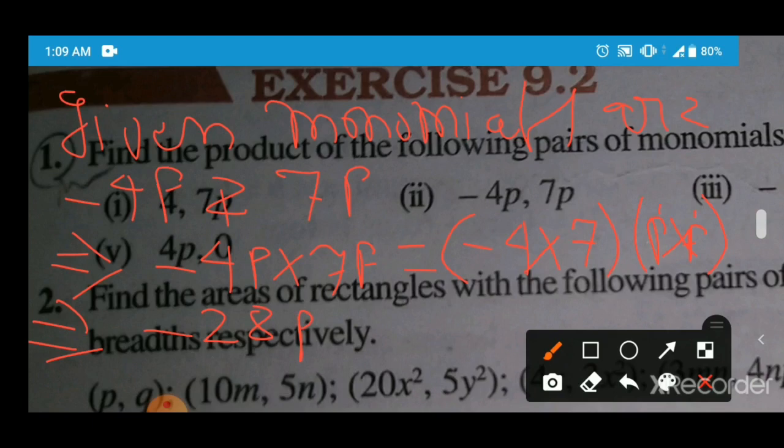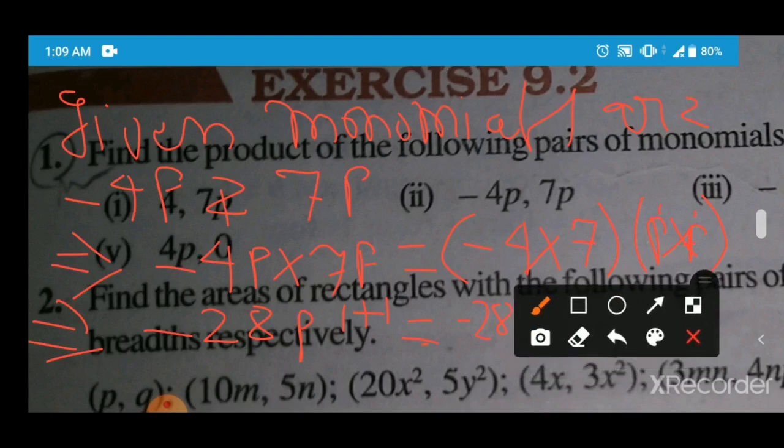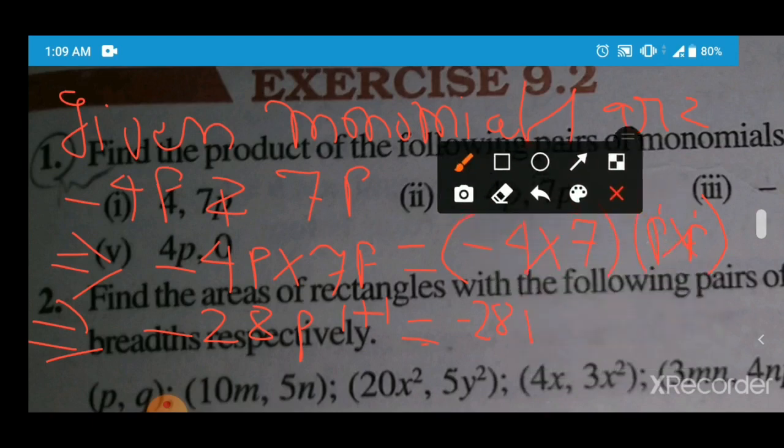P raised to the power 1 plus 1 is equal to minus 28 p square. This is our solution of part second.